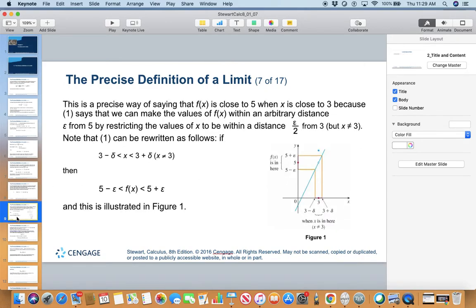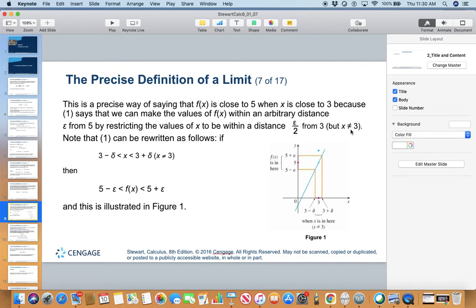Okay, so this is a precise way of saying that f(x) is close to 5 when x is close to 3, because it says that we can make the values of f(x) within an arbitrary distance epsilon from 5, where epsilon can be any positive number, by restricting the values of x within a distance epsilon by 2 from 3.